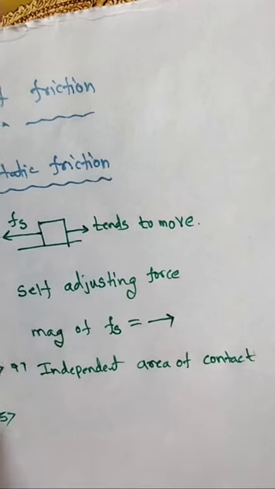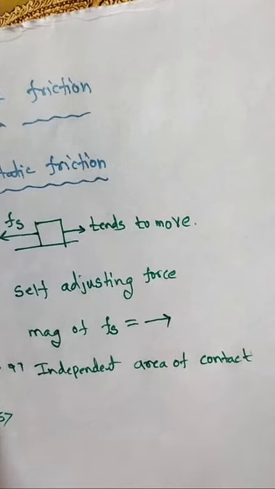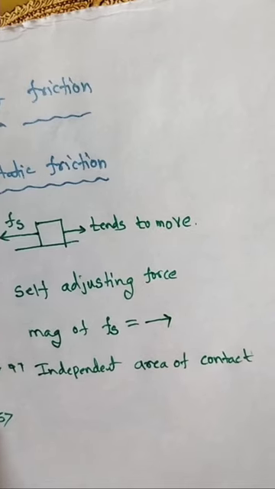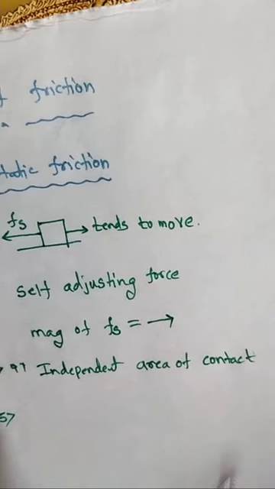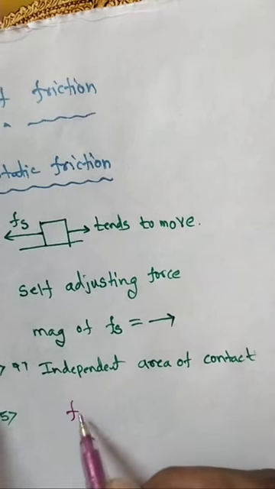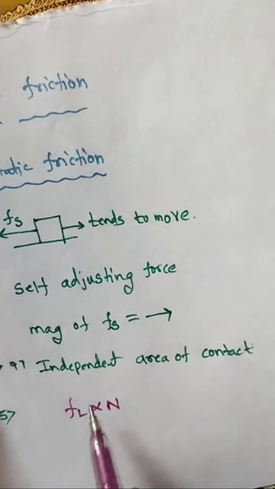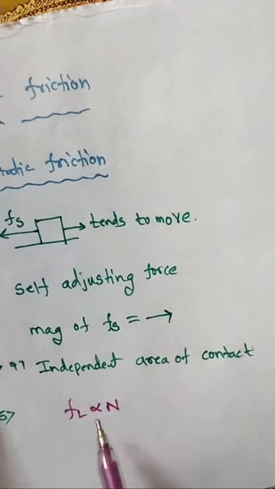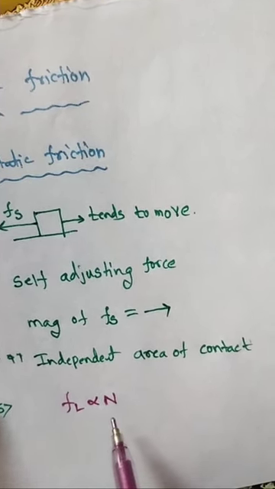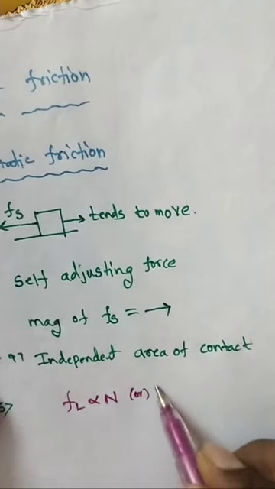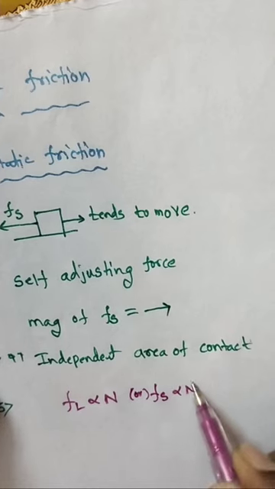Fifth one: the value of limiting friction is directly proportional to normal reaction. Important: Fl is proportional to N, where N is the normal reaction. Or Fs is proportional to N also.